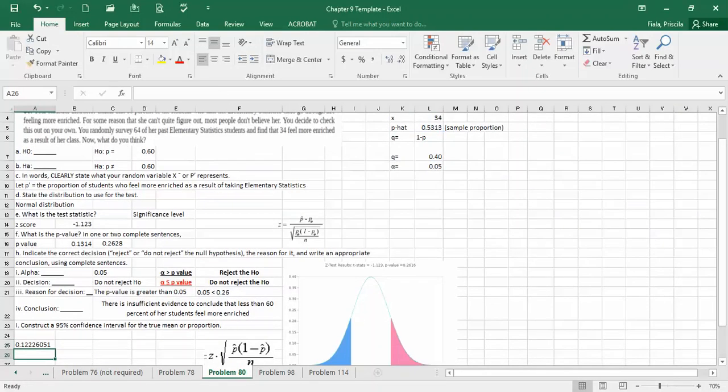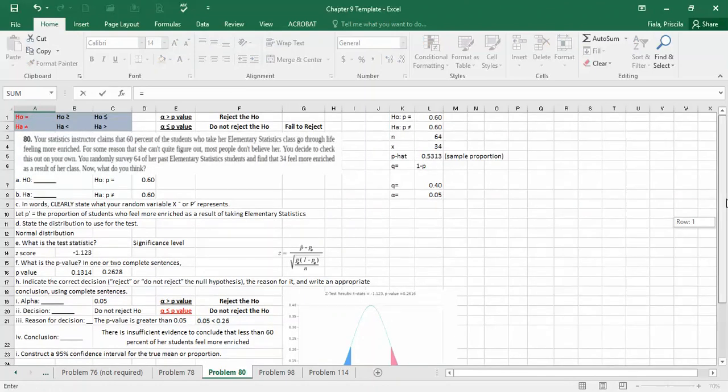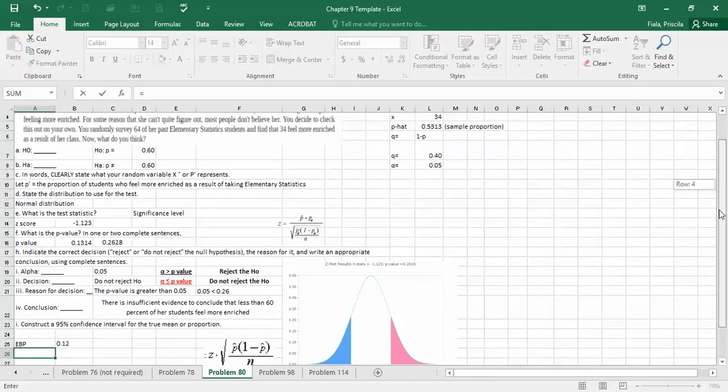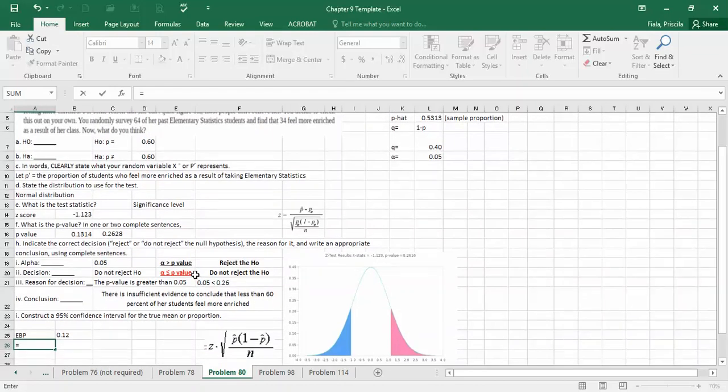And then you're going to find your error bound for proportion, 0.12. Therefore, for your true mean, which in this case we are considering as your sample proportion, your true mean is going to be this value.